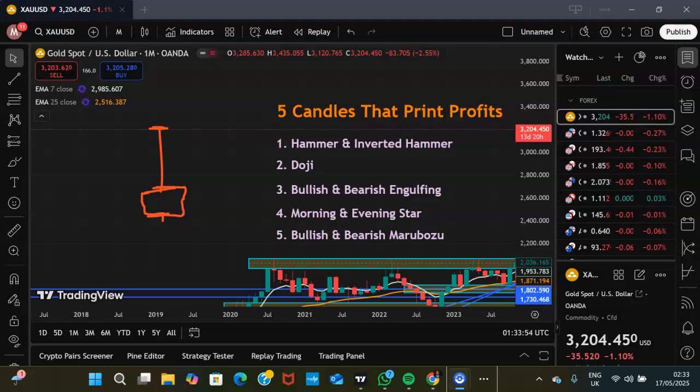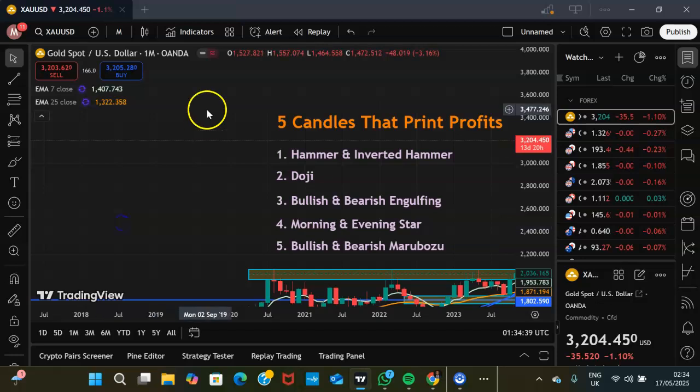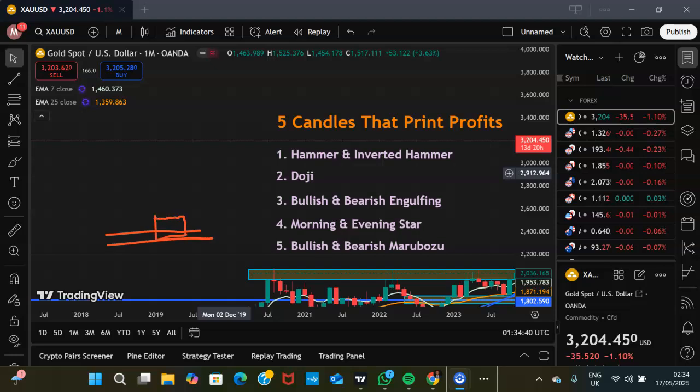Now, like I always tell my students, it is not about what you see on the chart, it is about where you see it. Now, for the bullish version of this candle, which is the hammer and the inverted hammer, you want to find your hammer at areas of support. That means a hammer around a support zone signifies price rejection of lower prices, and it is expected that when price closes higher, that trend is supposed to continue to the upside.